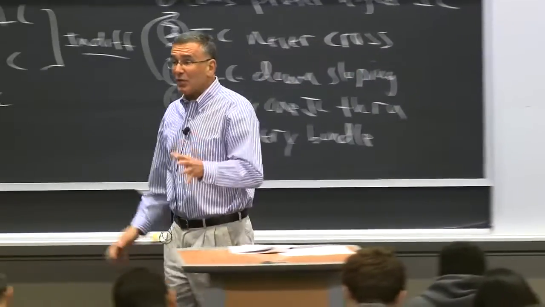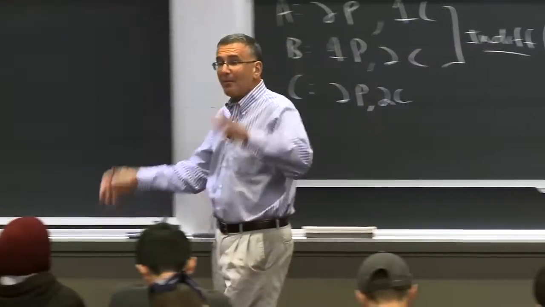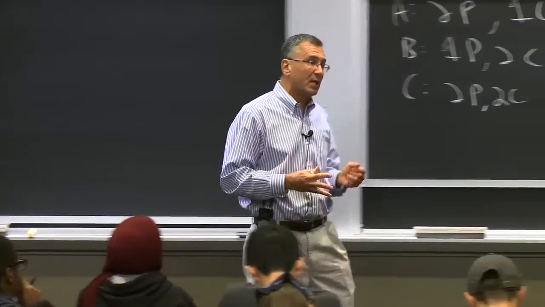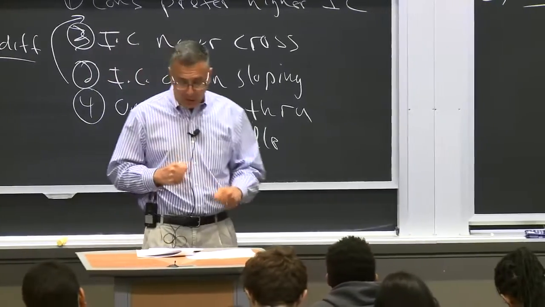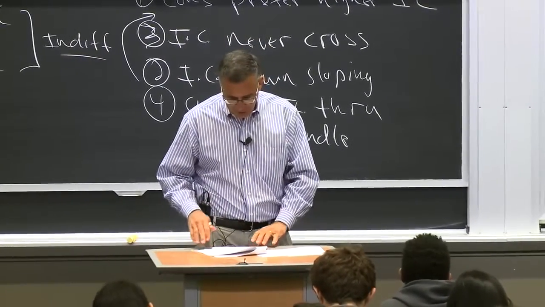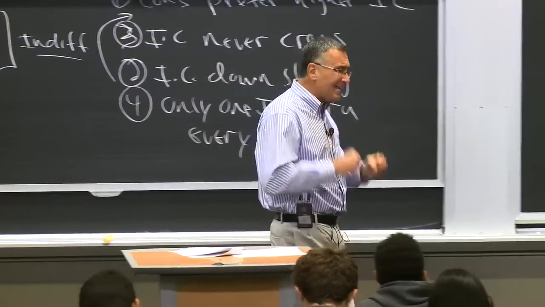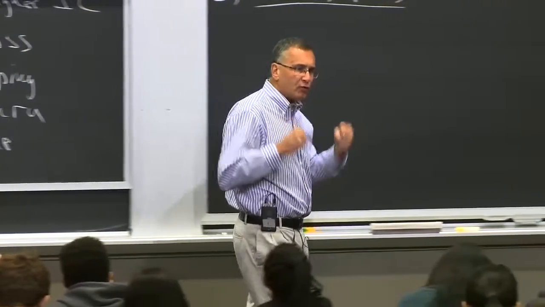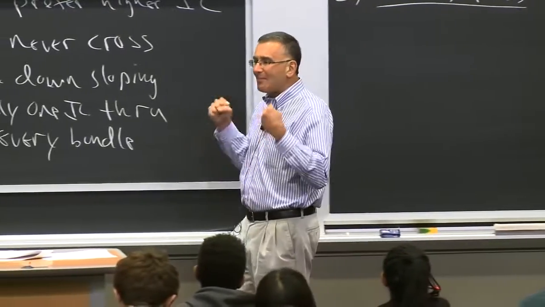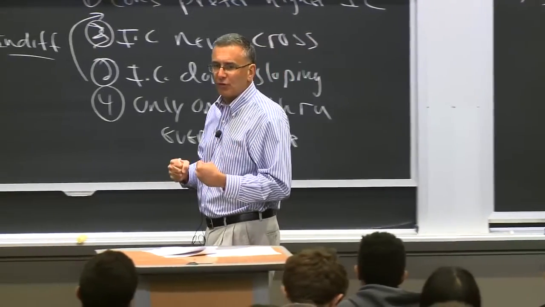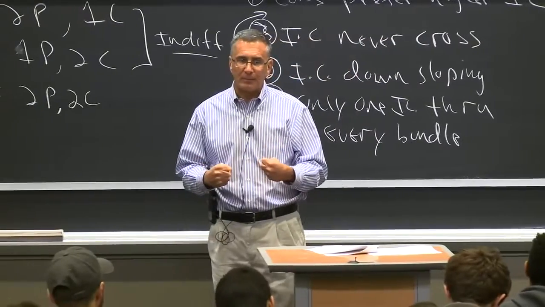Remember, I want you to understand everything in this course at three levels: graphically, mathematically, and most importantly of all, intuitively. Graphically is indifference curves. Now we'll come to the mathematical representation, which is the utility function. The idea is that every individual, all of you in this room, have a stable, well-behaved, underlying mathematical representation of your preferences, which we call your utility function.